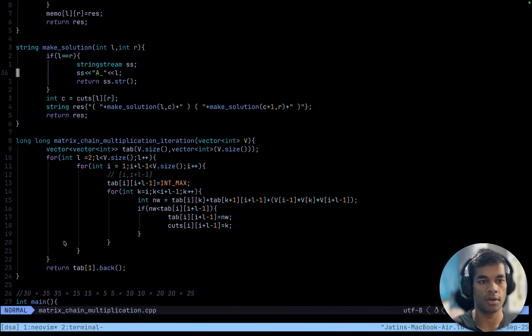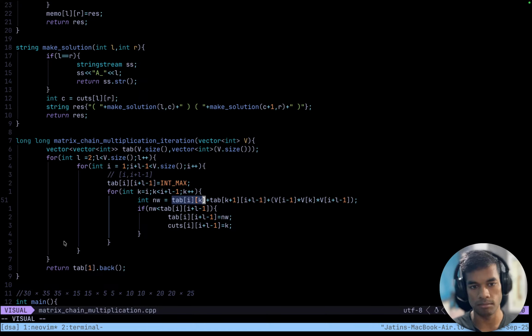Look at this. Here in the tabular method, when we are calculating the new value, we are getting the value for this smaller subproblem by just going to a table, and here also we are getting the value for a smaller subproblem by going to a table.